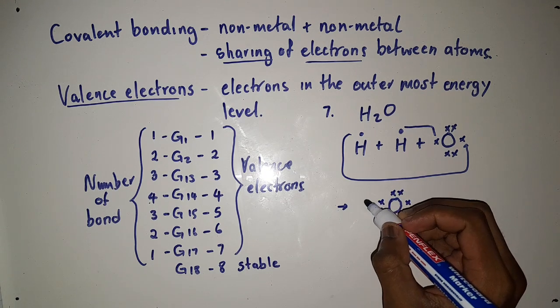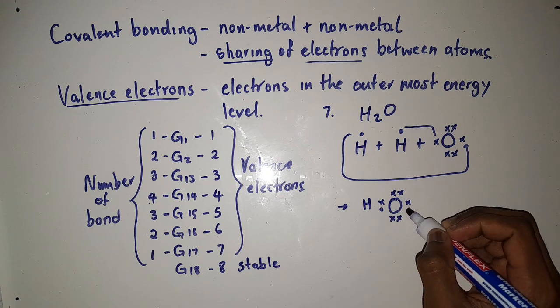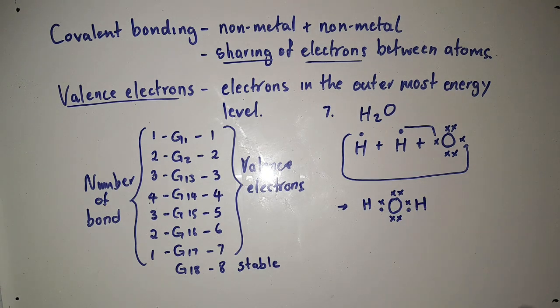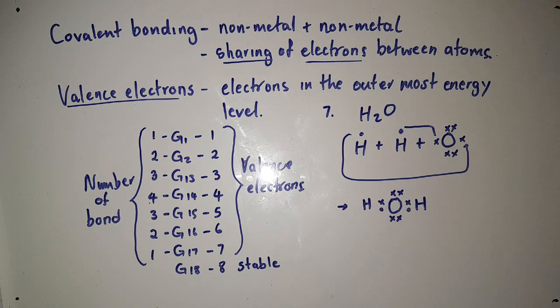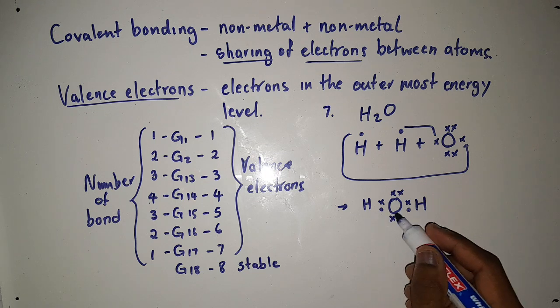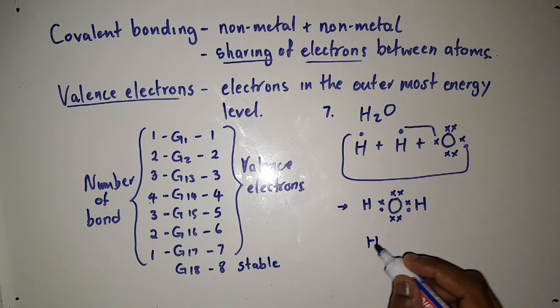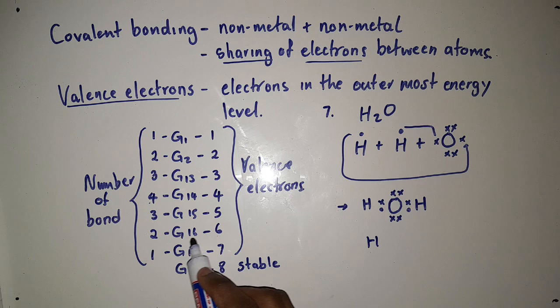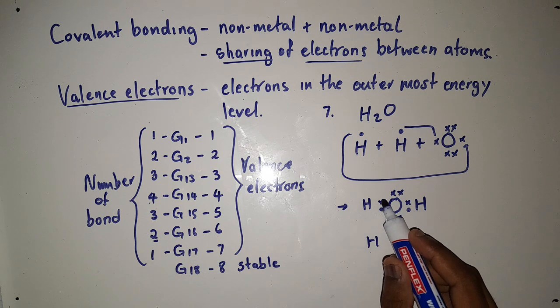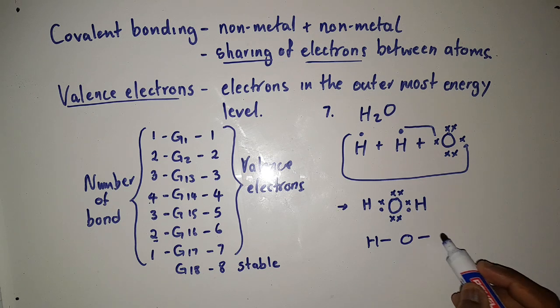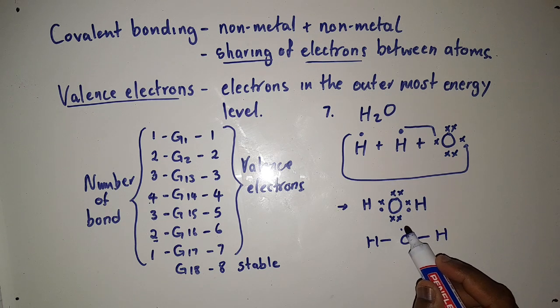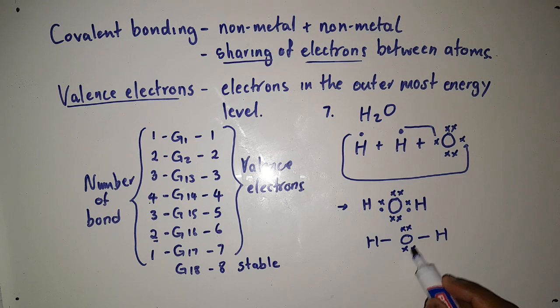Then 1H this side, 1H this side. Then you see we get a situation which is like this. If I were to represent the bonds, we know oxygen is going to have how many bonds? 2. This one, first bond, O, this side, another bond like this. Then I just put X like this. You see, we get a situation which is like this now.